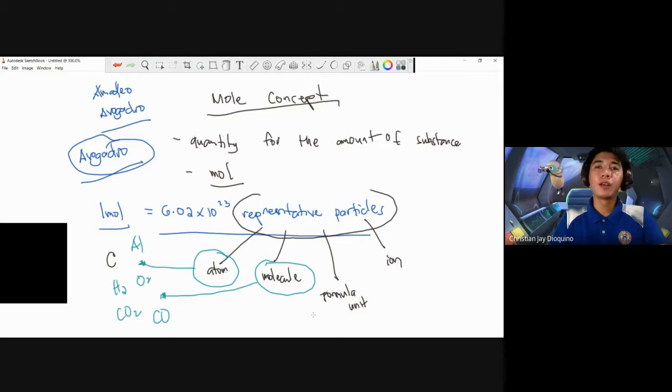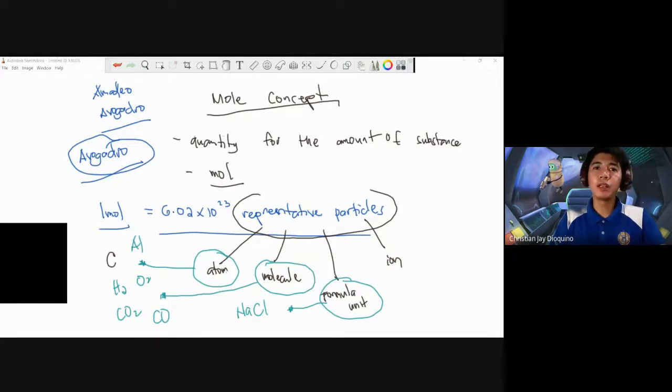Alright? Kapag naman po formula unit, kapag ang substance naman natin is in the form of ionic compound. So let's say meron tayo ditong NaCl. So NaCl is an ionic compound which is a combination of a metal and a non-metal element. So we will use the formula unit for ionic compounds.